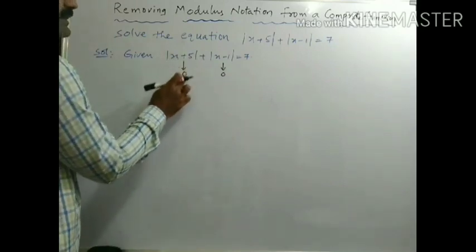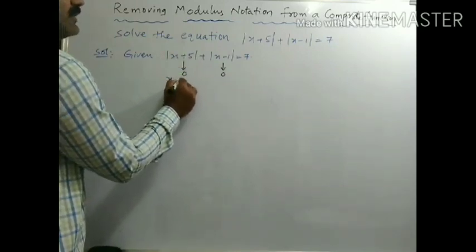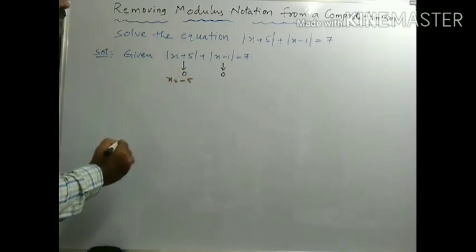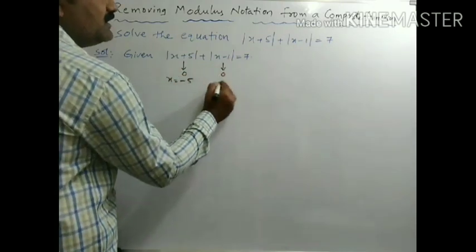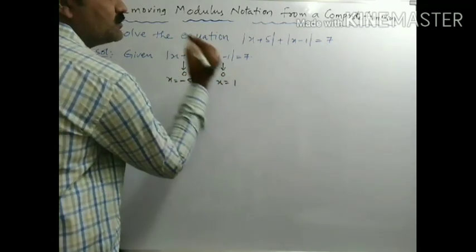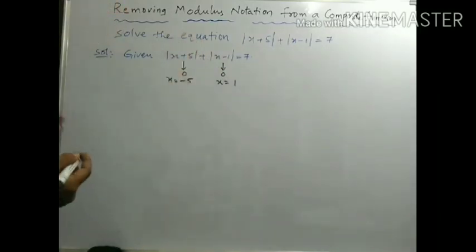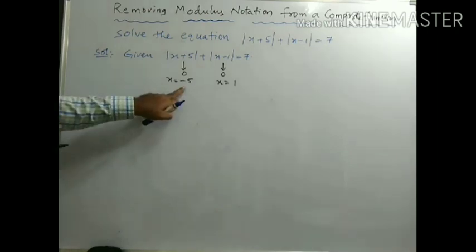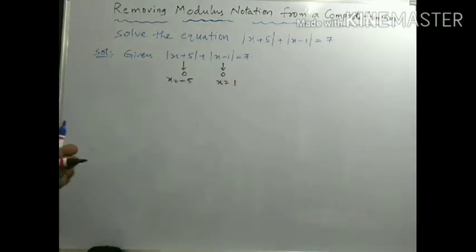On equating to 0, clearly I am going to get x equals minus 5, and here we are going to get x equals 1. So this is step number 1: first we need to equate the functions to zero and find out the values of x. Now what we got? x equals minus 5 and x equals 1.